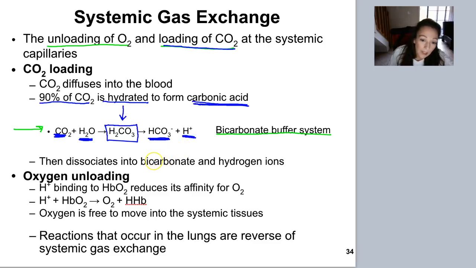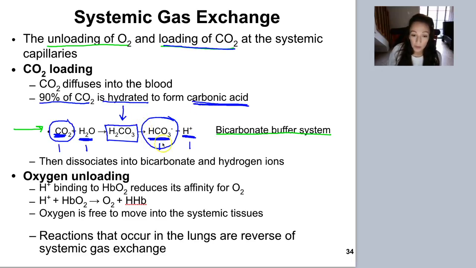So at this point, we have two very different ions from what we started with, from these two molecules. Carbon dioxide, when it's traveling in our blood, doesn't actually look like CO2. It's found in this bicarbonate form right here.